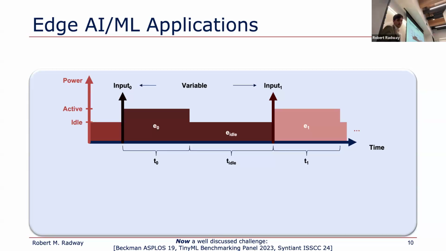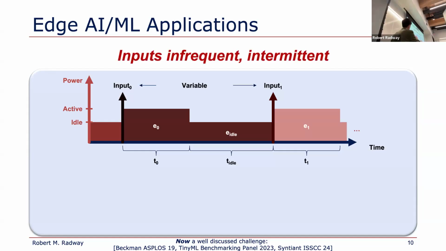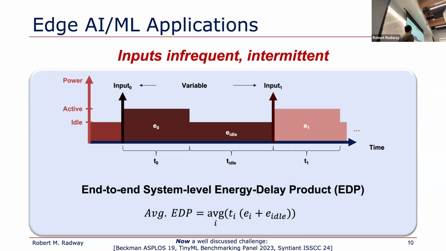Instead, what you need to really think about is, how do I manage the entire energy picture? And that's where joint metrics like system level energy delay product come in, which considers both the multiple of the time of execution and the energy of execution, plus accounting for any idle in between, given the average length of our input arrival time.